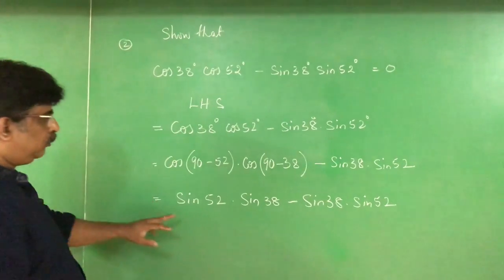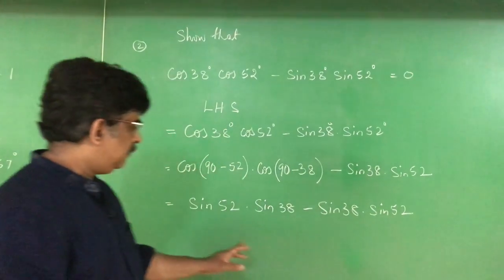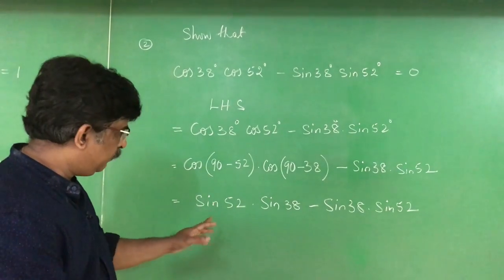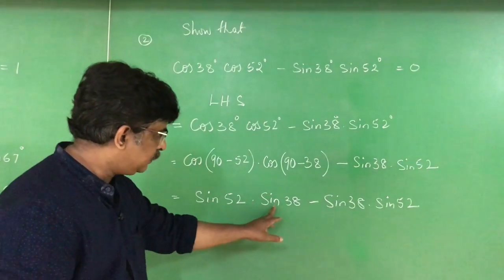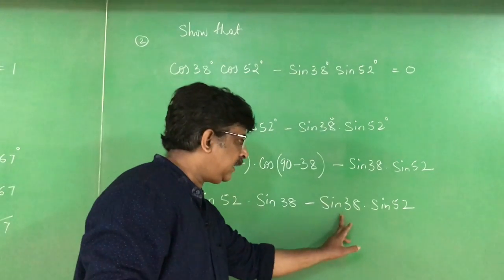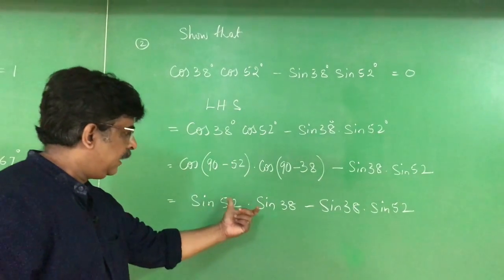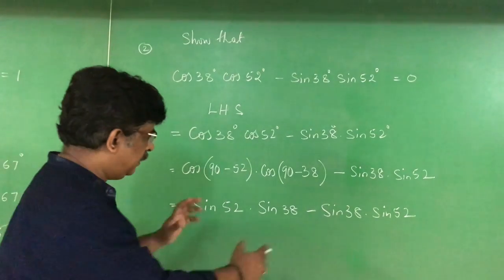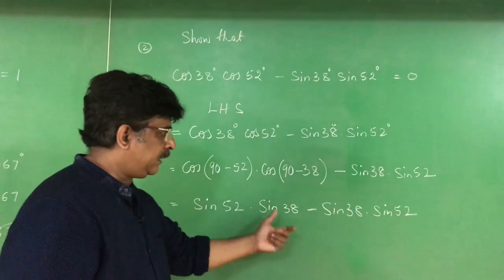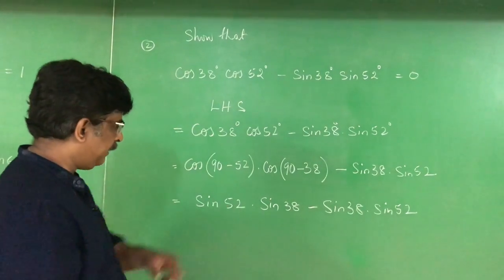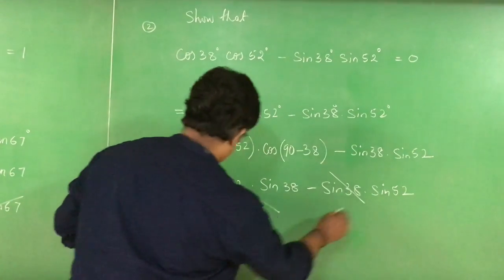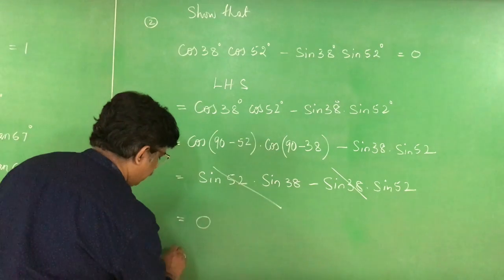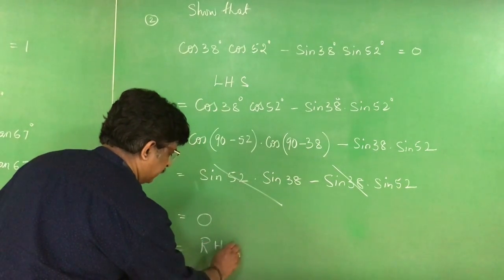See, both are the same, but don't get confused. This is sin 52 into sin 38. This is sin 38 into sin 52. This is what is known as the commutative property of multiplication. A into B can be written as B into A. Right? Both are the same. I cancel this. I get 0. 0 is given in the RHS.